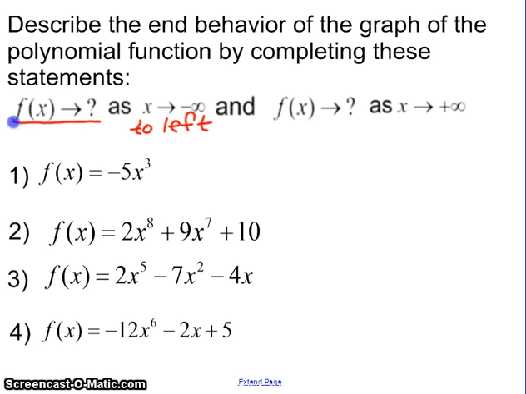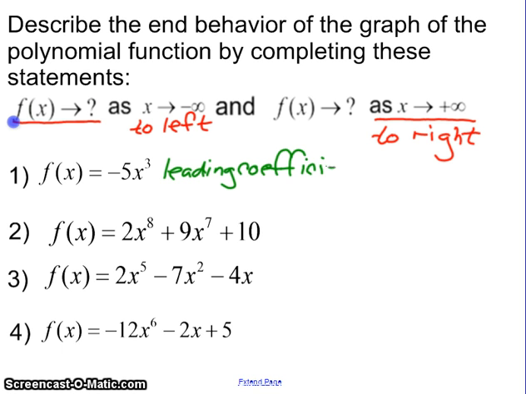And f of x approaches what as x approaches positive infinity? That means to the right. All right, problem number 1. The leading coefficient is negative.